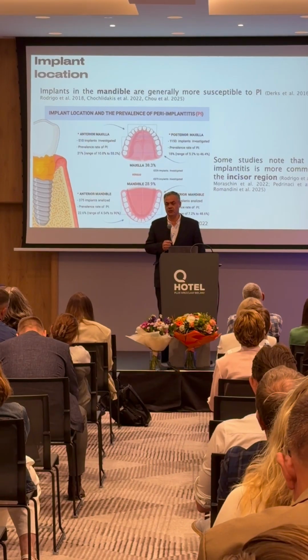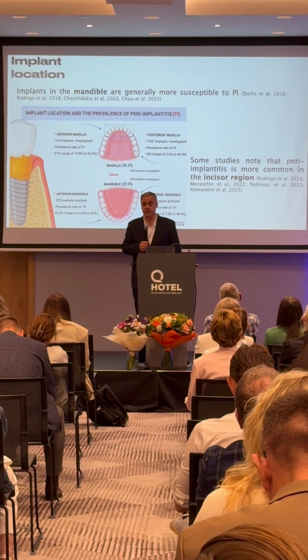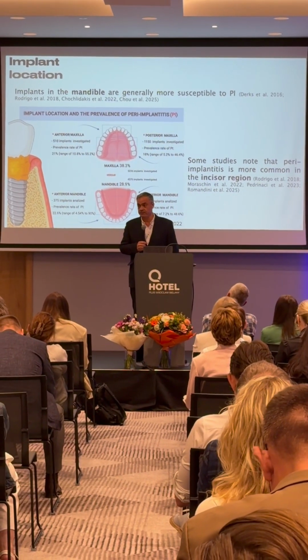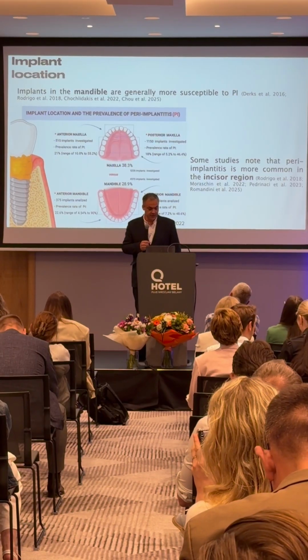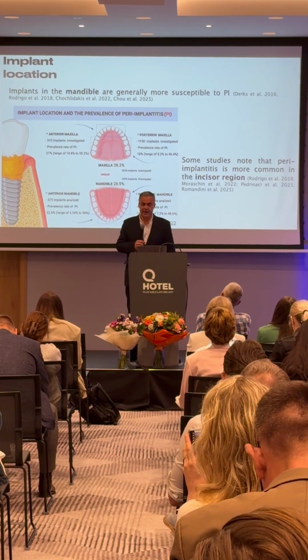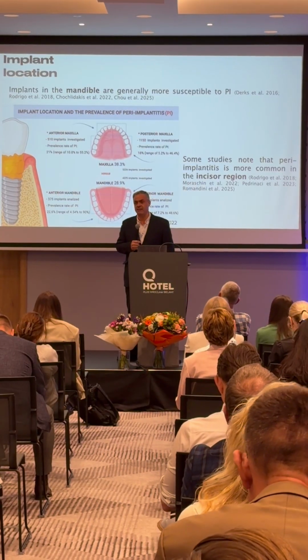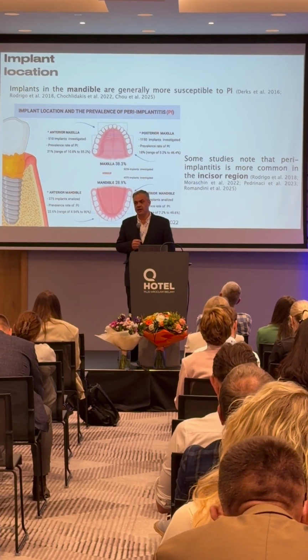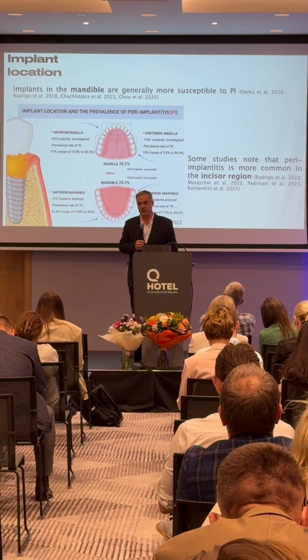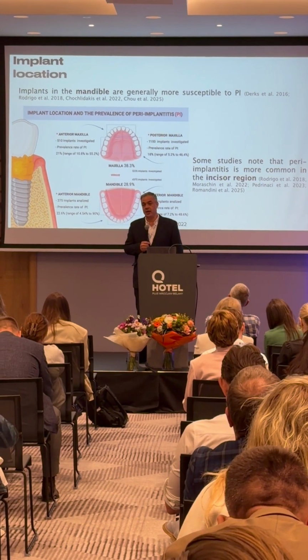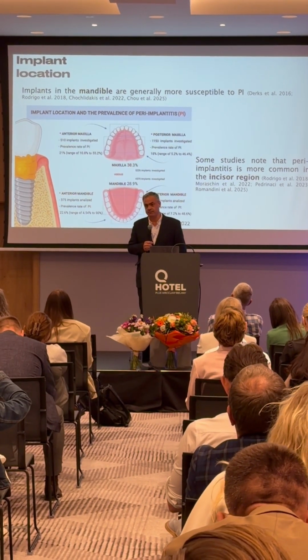Regarding the implant location, this is a non-modifiable factor. There are some studies that find an increased prevalence of periimplantitis in the mandible, and there can be several reasons for that. We have less vascularization.